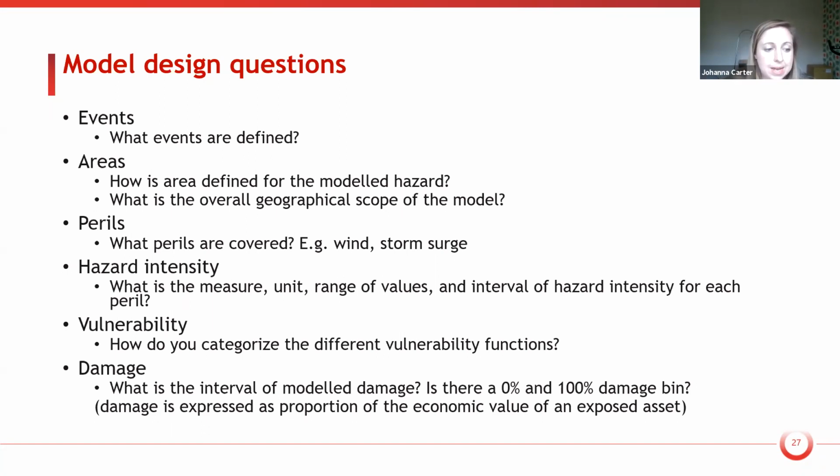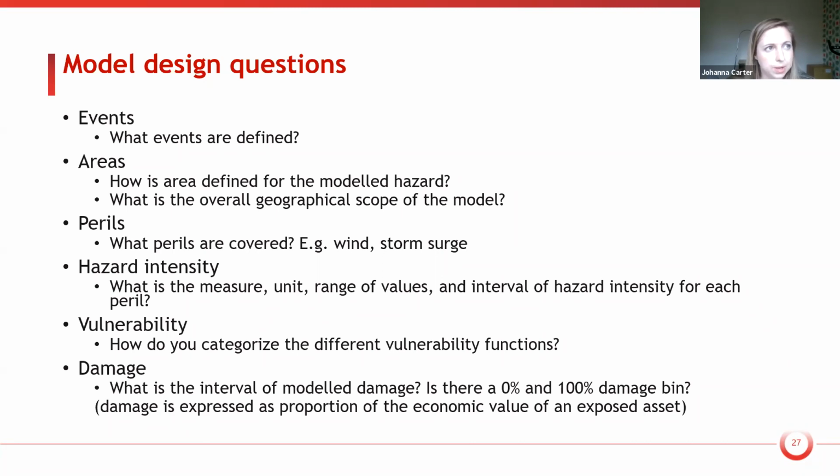For vulnerability, how do you classify different functions? Will you use construction codes, occupancy codes, building height, whether the property has a basement? For a flood peril, that's quite a key one. So the characteristics, the modifiers will vary depending on what peril you're looking at. And finally, what's the interval of damage?